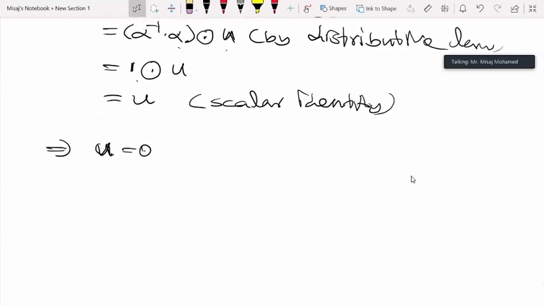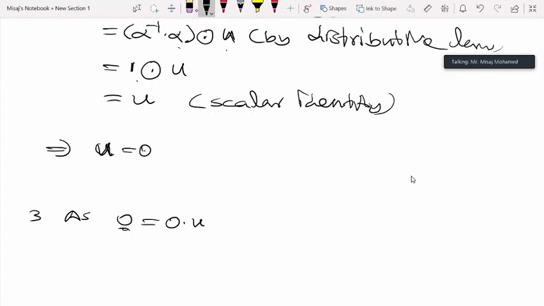The third part: 0 vector is equal to 0 dot u, the scalar product of 0 and u.